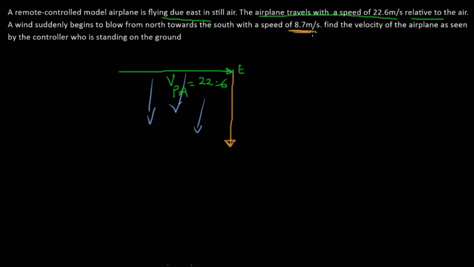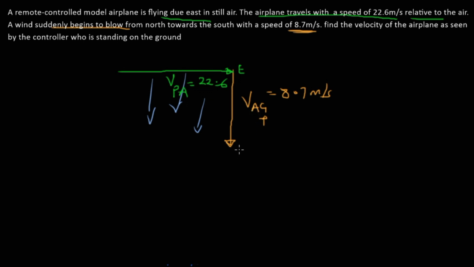Since this speed is given as the speed of the wind or the air, we can say that the relative velocity of the air or the wind to the ground is given as 8.7. It is the ground because another frame of reference is not associated with it.